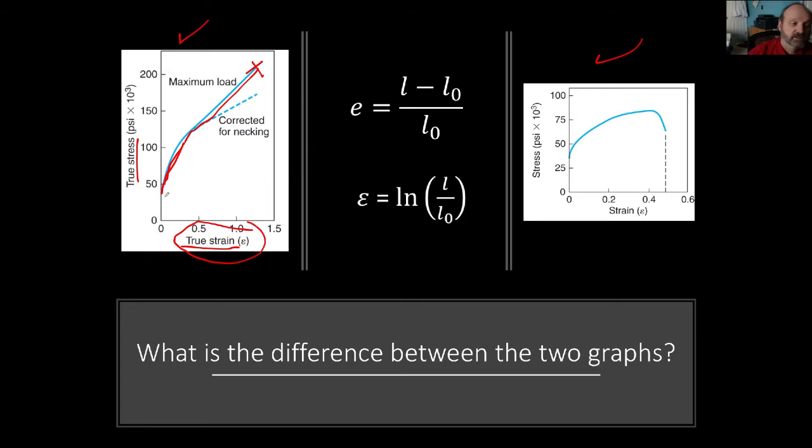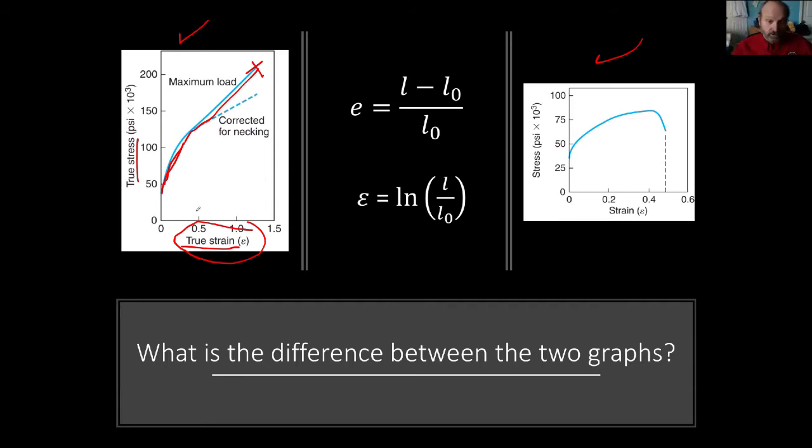Notice how it's constantly going up. So think about that. As the area is shrinking and your load is increasing to continue the stretching, the value you're going to get for the true stress is going to continue increasing as you pull on this thing.